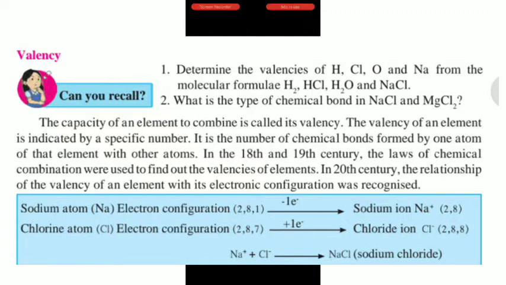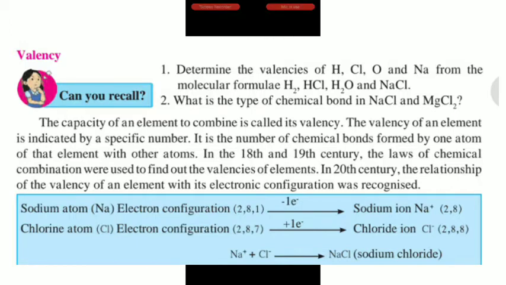You can see here sodium atom electron configuration 2, 8, 1. So 1 electron given away gives sodium ion Na+, that is 2, 8.